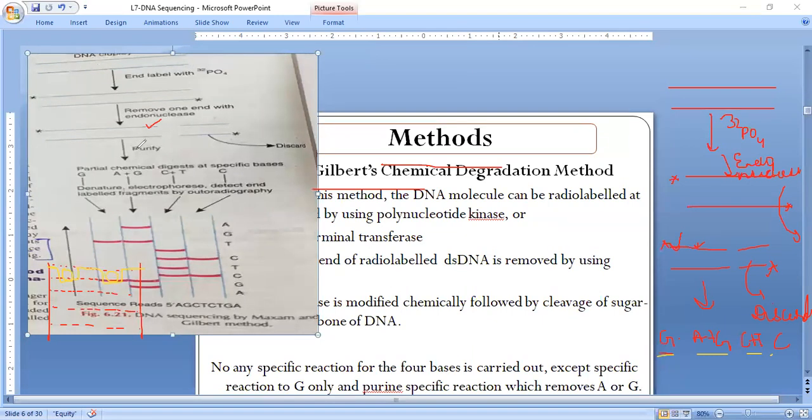Then, as a result of chemical degradation, we obtained partially digested bases. These are denatured and allowed to run in the gel, and somewhere a standard is also run so that we have this sequence. Because these are radio labeled, when exposed to autoradiography they emit signals, so the sequence of all these bands can be very easily analyzed.